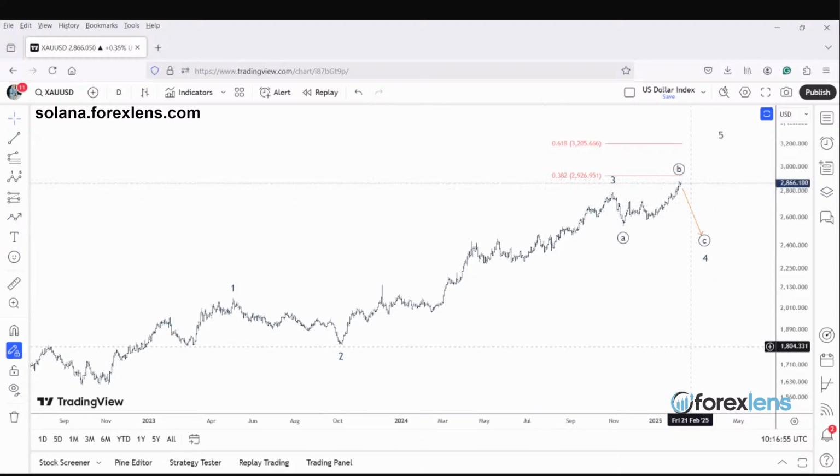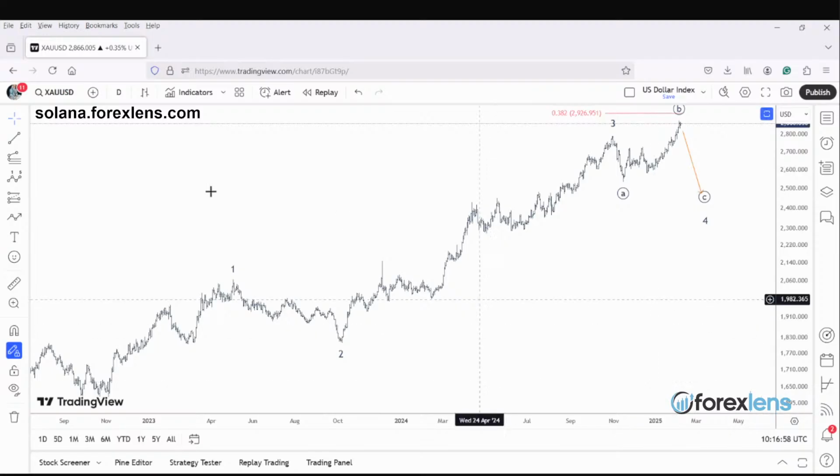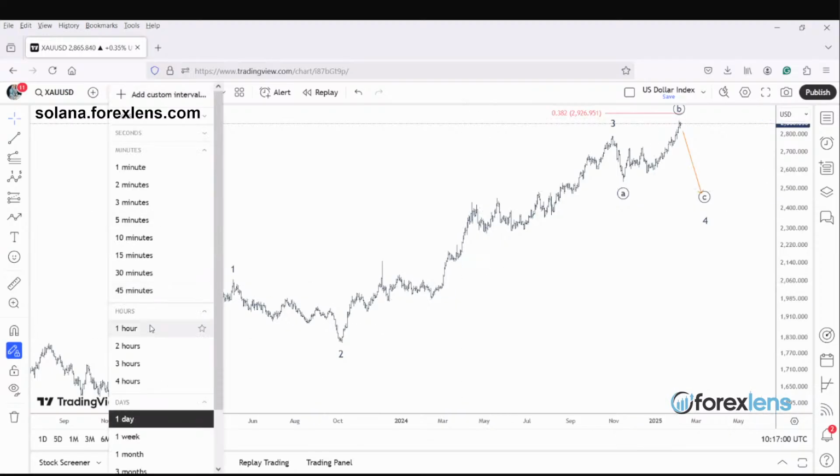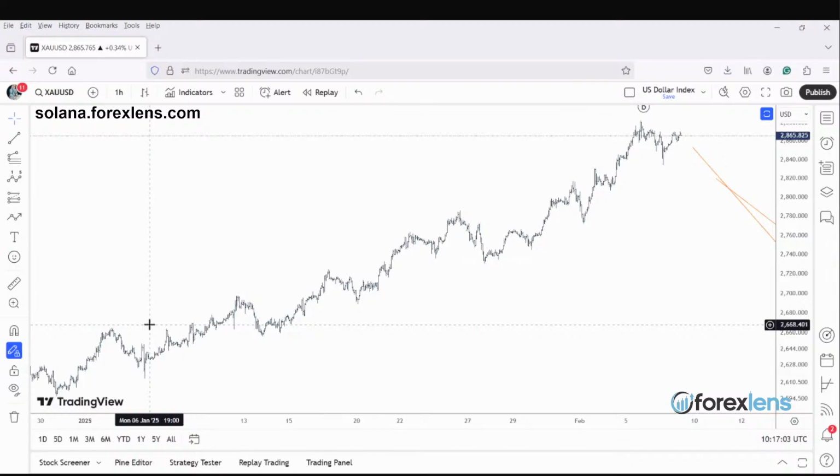All right, now we are still waiting for a price action confirmation, and to be more objective, where the price action would really confirm is a break below 2810 or at least towards 2830. If it were to drop towards 2830, that would really confirm one thing, that it's not a wave 4 anymore, because wave 4 would not enter the territory of wave 1, but it just remained a bit shy around 2834.